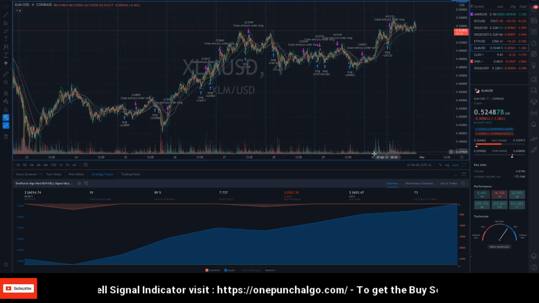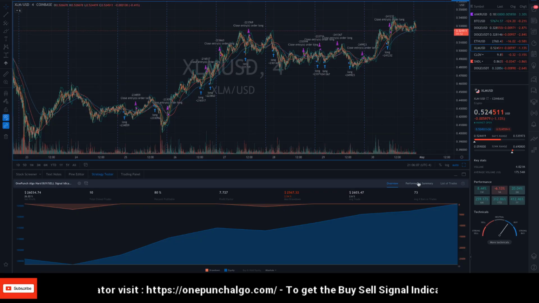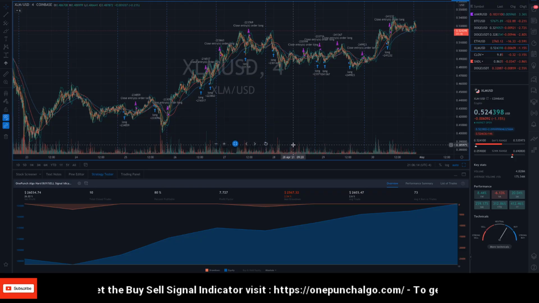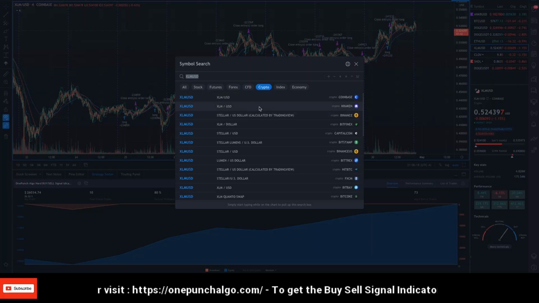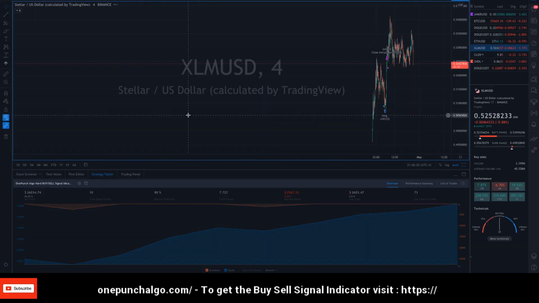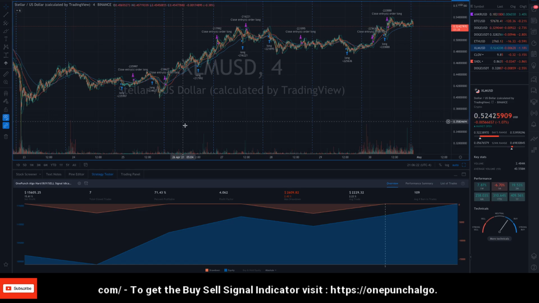Nice. Right, so it beat Coinbase for Stellar for 4 minutes for this week. That's really good. Just in case, let's check other ones. Binance, 4 minutes showing 15.